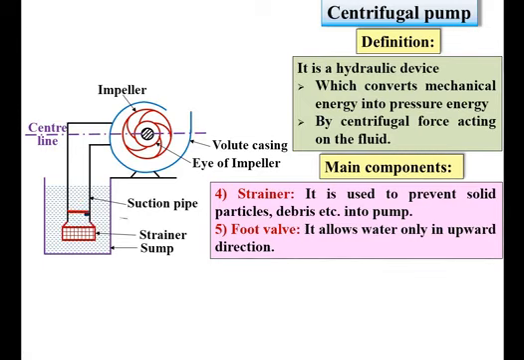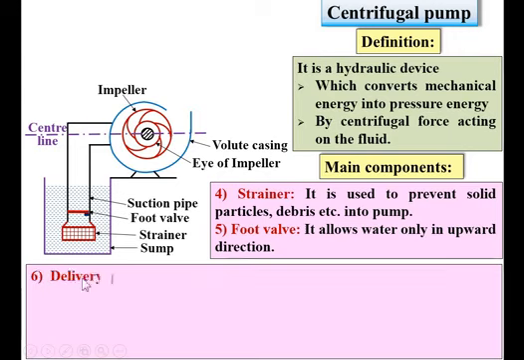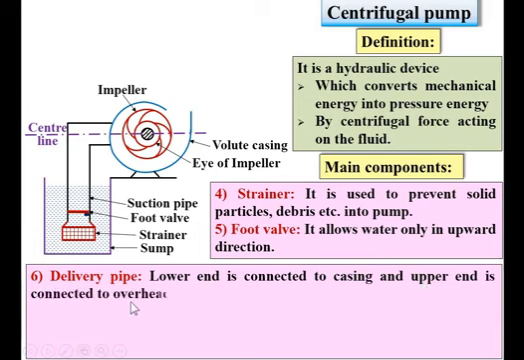Give the name first. Next, delivery pipe. Lower end is connected to the casing and upper end is connected to the overhead tank. So I am going to draw over here the delivery pipe.